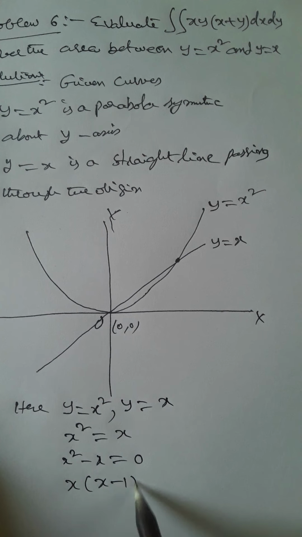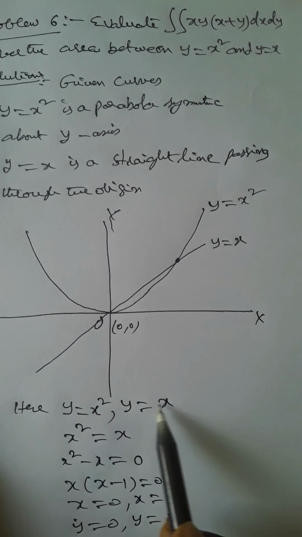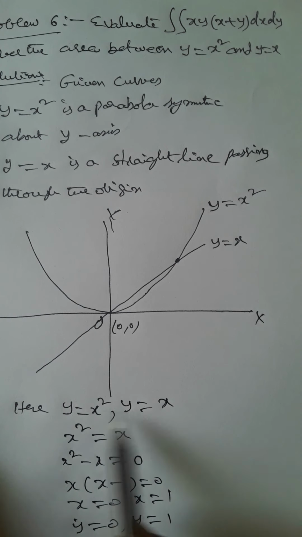X into x minus 1 equal to 0. So x is equal to 0, x is equal to 1. Put x is equal to 0 here, we get y is equal to 0. Put x is equal to 1 here, we get y is equal to 1.